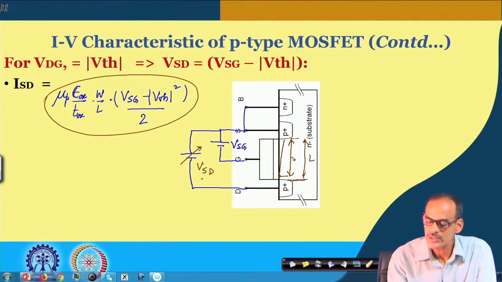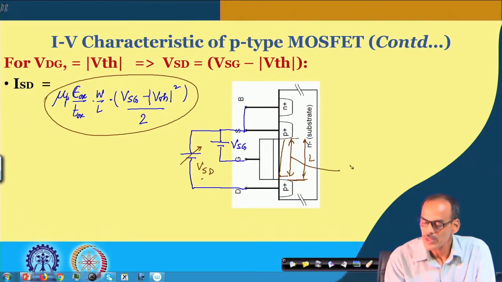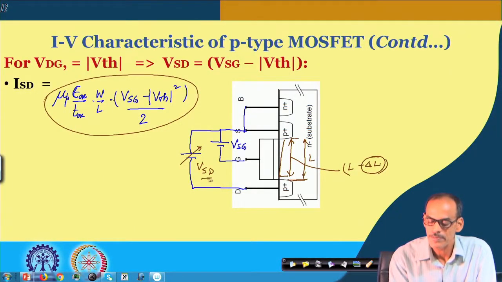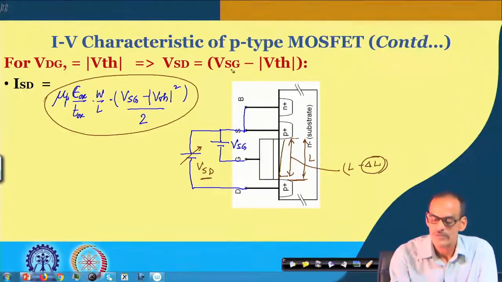So, this length is getting shortened to L minus del L, as we have discussed earlier, and this del L depends on what VSD we have beyond this critical value.